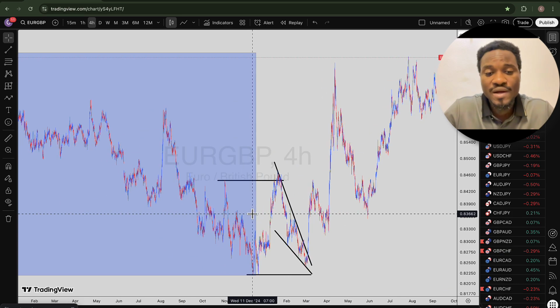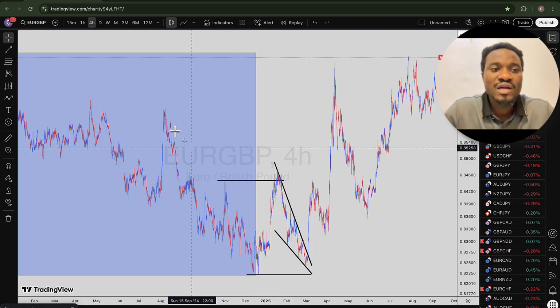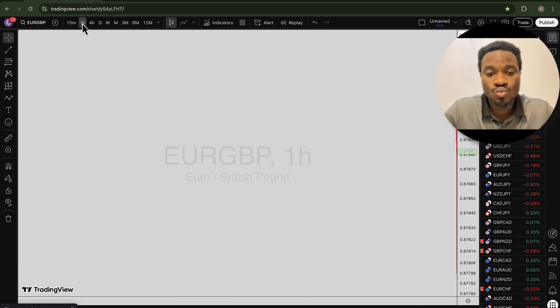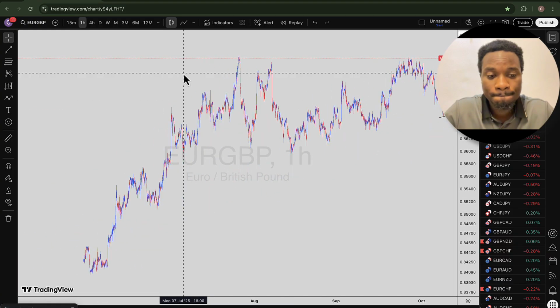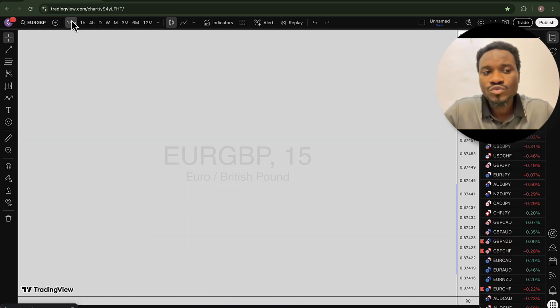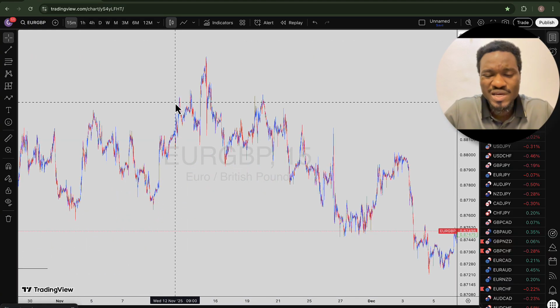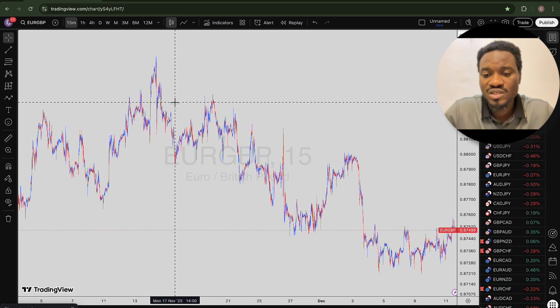So as a swing trader, you draw your chart pattern from the 4-hour chart, you zoom out totally; for the day trader, you use the 1-hour chart, you zoom out totally; and for the scalper, you zoom out your 15-minute chart totally so that you can see the chart patterns.